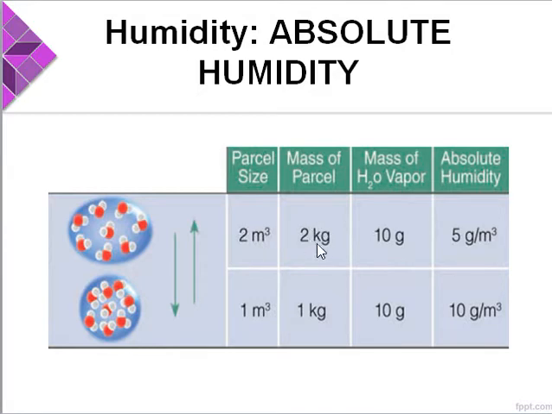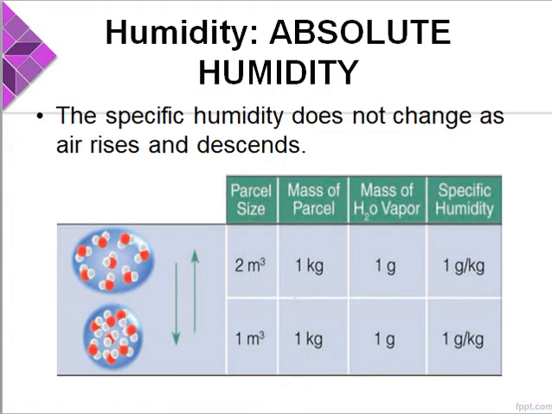Okay, mass. We have 2 kilograms here of mass, wherein it decreases the absolute humidity. Once we decrease, on the other hand, the volume of the parcel, the absolute humidity increases, about 10 grams per cubic meter. So the specific humidity does not change as air rises and descends if they have the same mass.